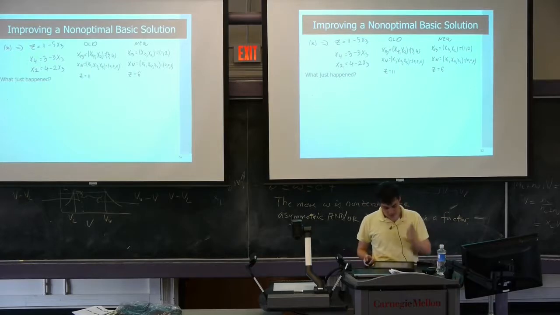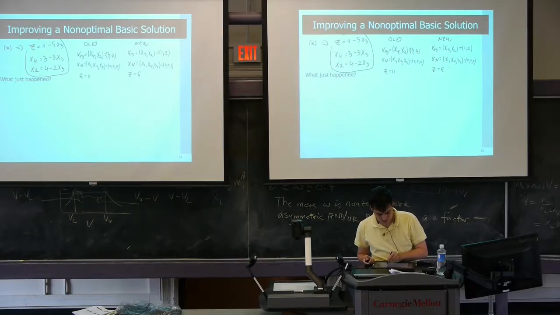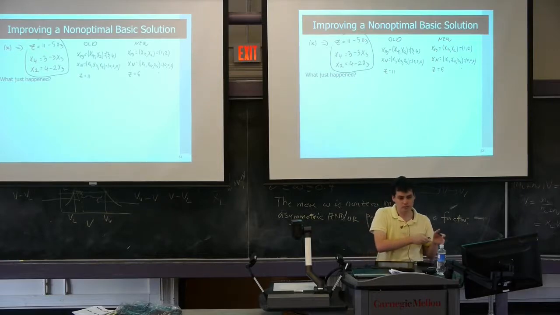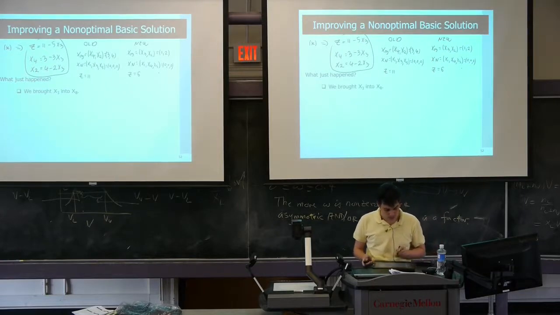This is exactly what just happened. In the old system, the basic variables were x4 and x2, and the non-basic variables were x1, x3, and x5. Now we got a new system with basic variables x3 and x2, and new non-basic variables x1, x4, and x5. We moved from one corner to another corner.